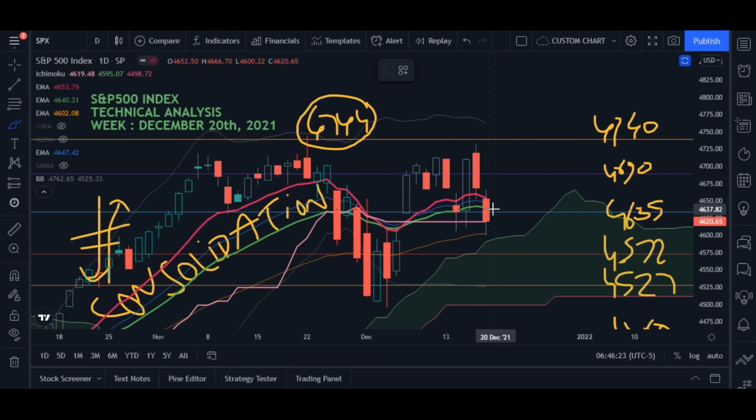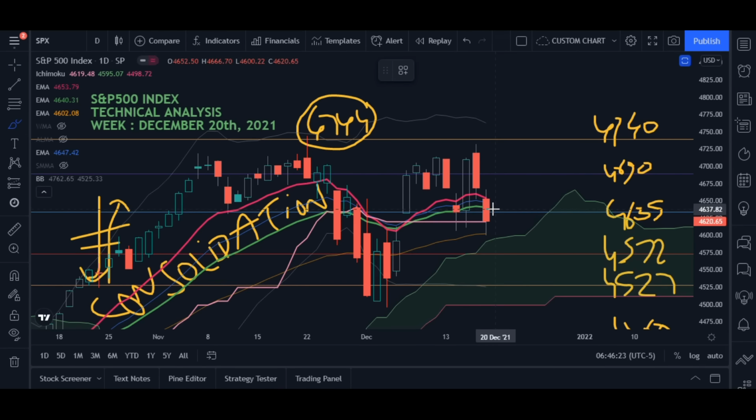If you see that the market has closed above 4635 on 2 consecutive days, again I repeat, on 2 consecutive days. Last week also I told you 2 consecutive days, and if you see here, one day it closed above and the other day it came down, and that was the reason this candle was formed. Similarly I told you here.